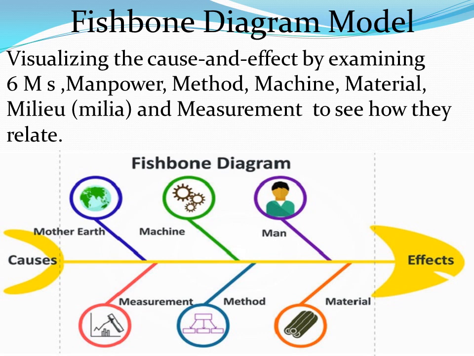They examine the 6 M's: manpower, method, machine, material, media, meaning environment, and measurement, which help to see how they relate to the central or main issue and help to fix these problems to achieve the goals set in the gap analysis to reach that particular level of performance or work.